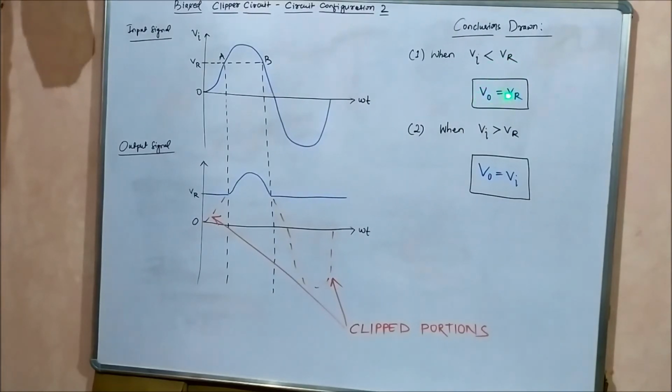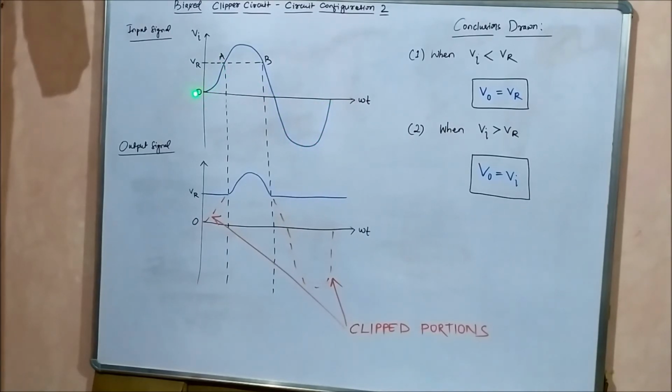So again, the output voltage will be a constant value. It will be a straight line parallel to the x-axis, with magnitude equal to the reference voltage Vr, parallel to the omega t axis, again for the entire duration of the negative half cycle.